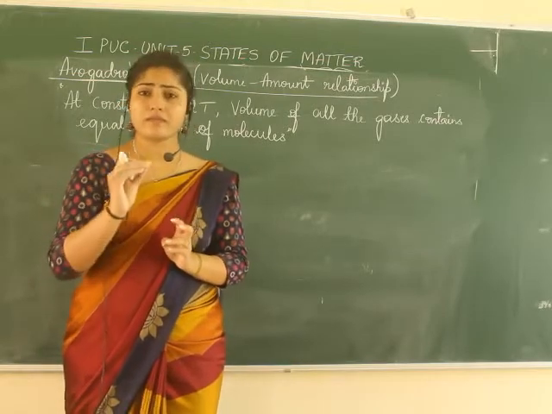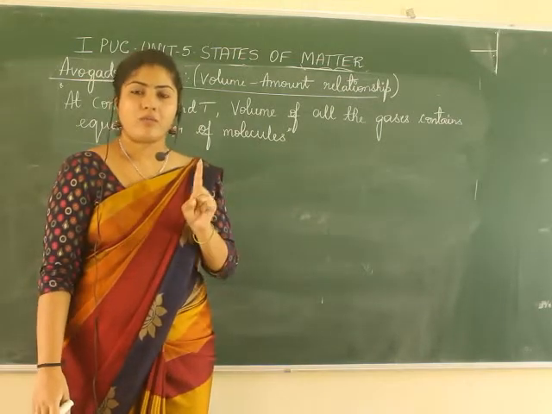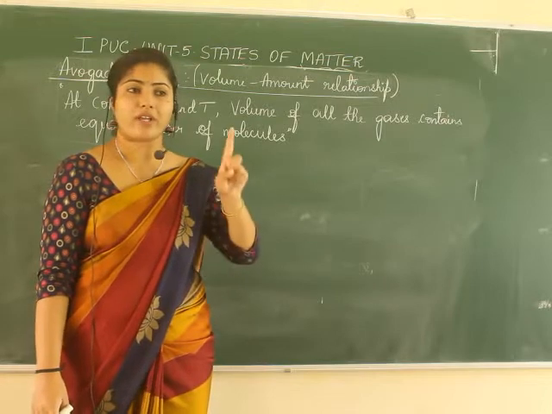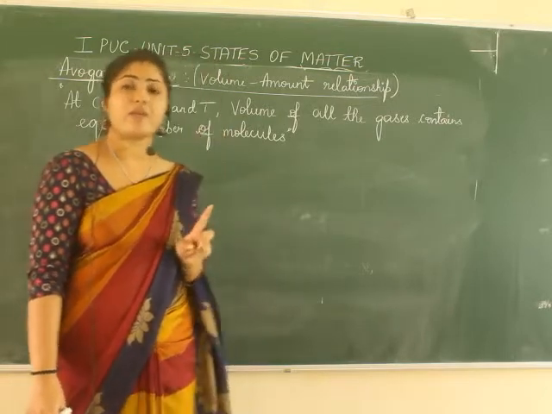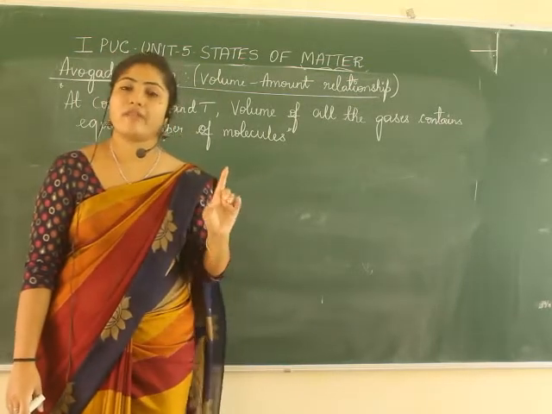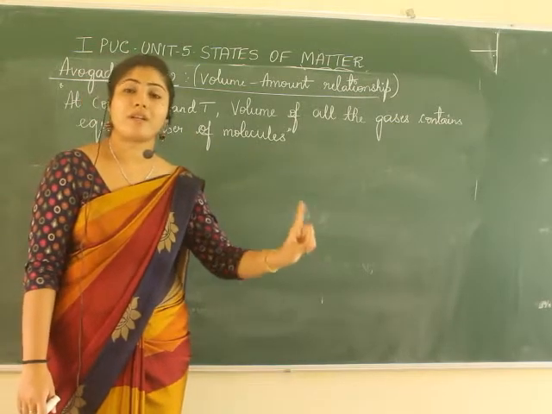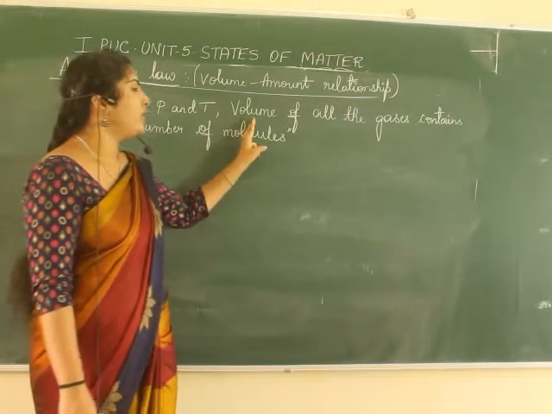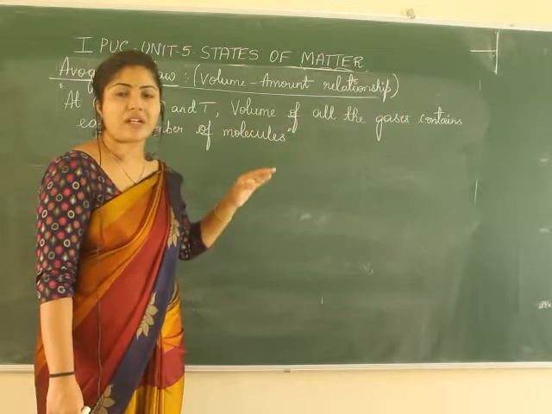That means Avogadro number of molecules. You remember, 1 mole of any substance will have Avogadro number of molecules. If you have taken 1 mole of oxygen, 6.023 into 10 to the power 23 molecules will be there. If you have taken 1 mole of chlorine, then it will have 6.023 into 10 to the power 23 molecules of chlorine, like that.